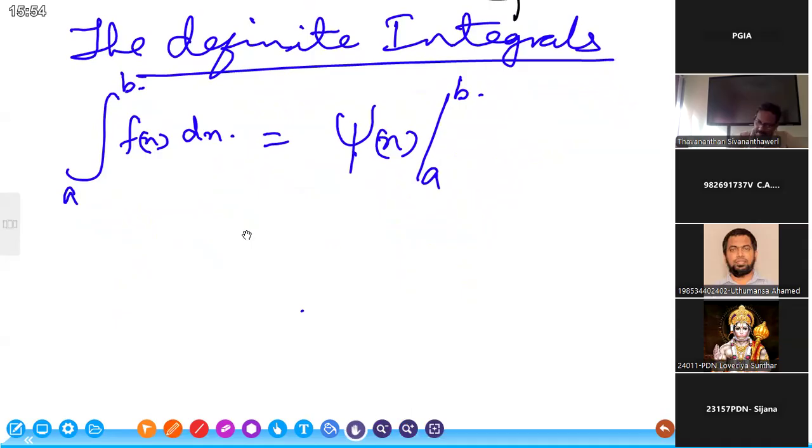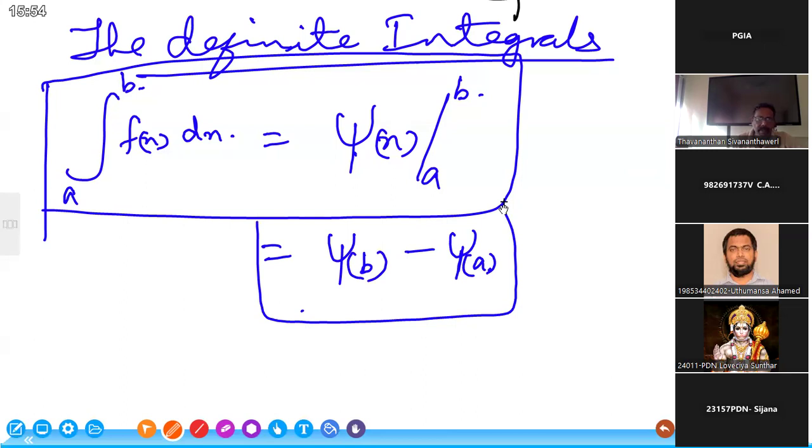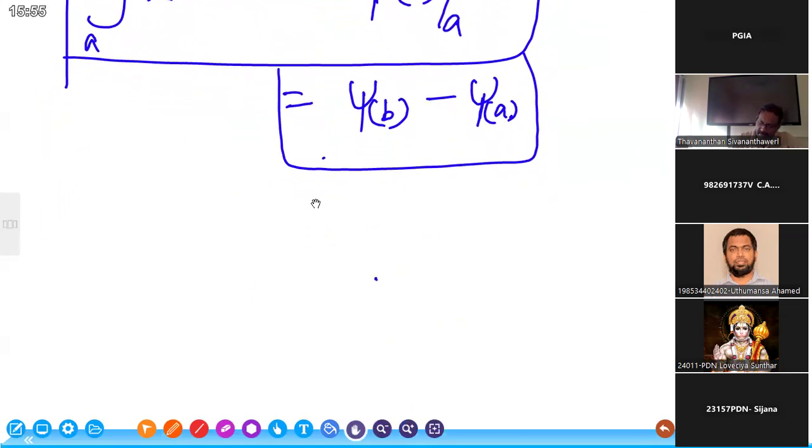So this is the concept or the background of the definite integrals. That is equal to psi b, the upper value, minus psi a, the lower value. All right. So that is also included here.